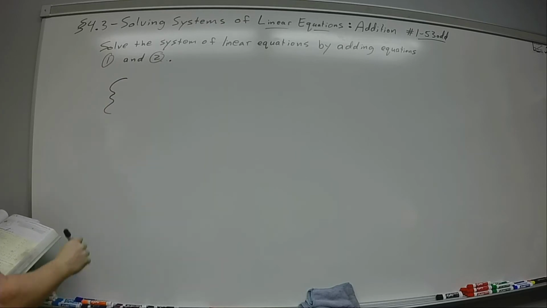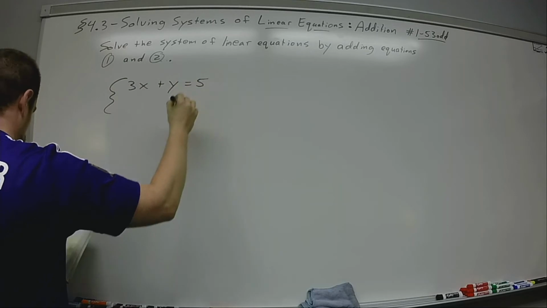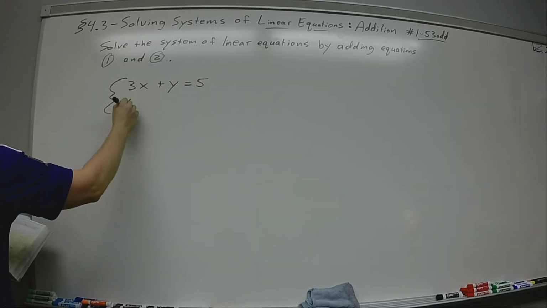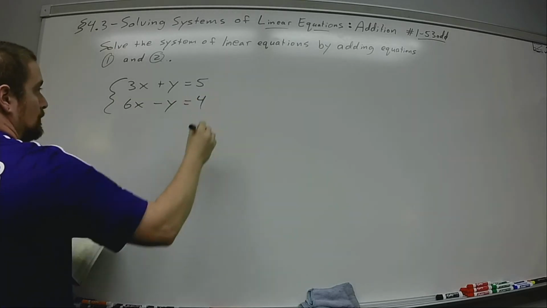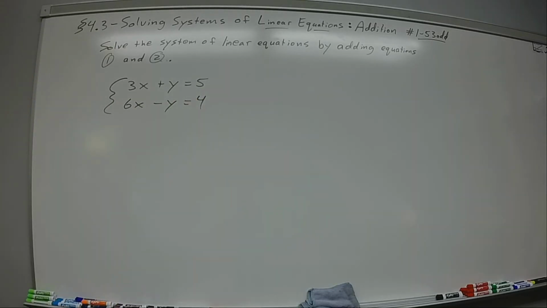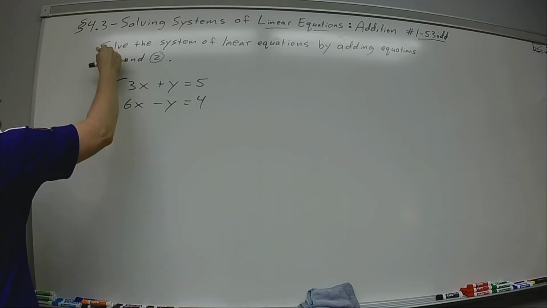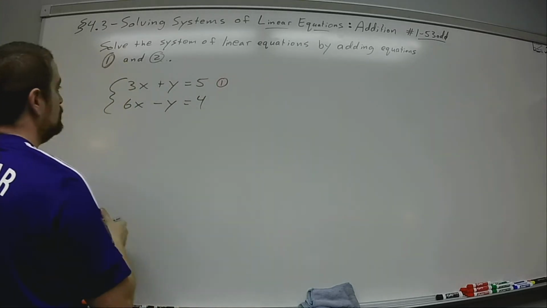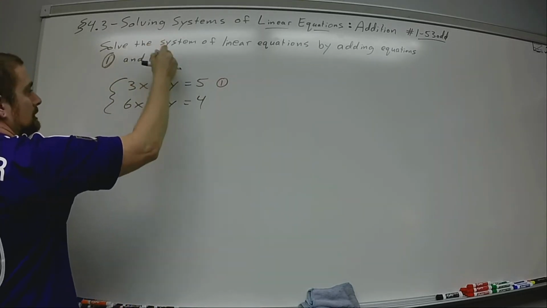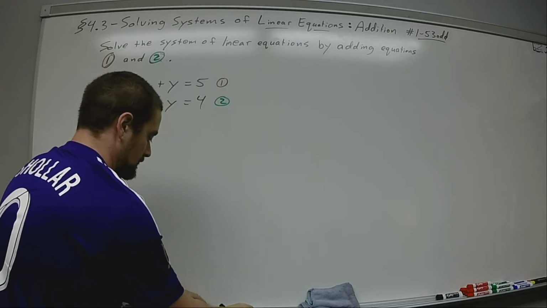So here's our system. 3x plus y is equal to 5 for the first equation, and 6x minus y is equal to 4 for the second equation. So equation 1 will be this first equation, obviously, and equation 2 will clearly be that second equation. What they want us to do is use this new method called the addition method.